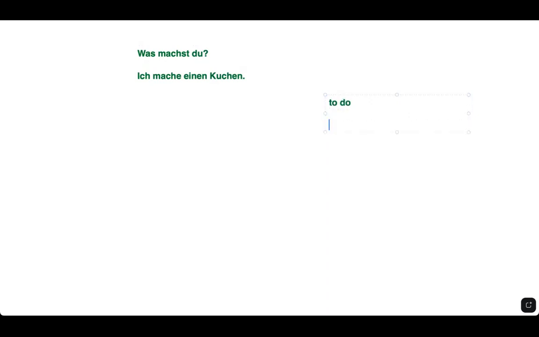Now, if I ask you, hey, what are you doing? Was machst du? The answer will be, do you say that I am doing swimming? No, right? You say straight away, ich schwimme. This sentence means I am swimming. It also means I swim in English.